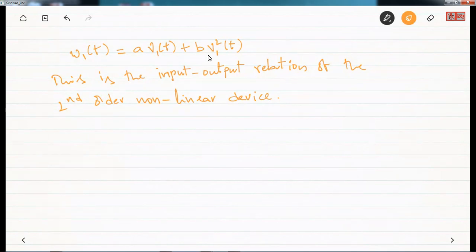So if you give a V1 of t signal as input, its output should be proportional to some constant A into V1 of t plus some constant B into V1 square of t, right? So see, this is the way you learn. You should discuss with your friends and faculty members, or think about it yourself, or go through some of the books, what kind of device or circuit will have such a characteristic. So in this course, our focus is not exactly to go into those devices, but we assume that such a device exists, and assuming that, we will build our amplitude modulator, right?